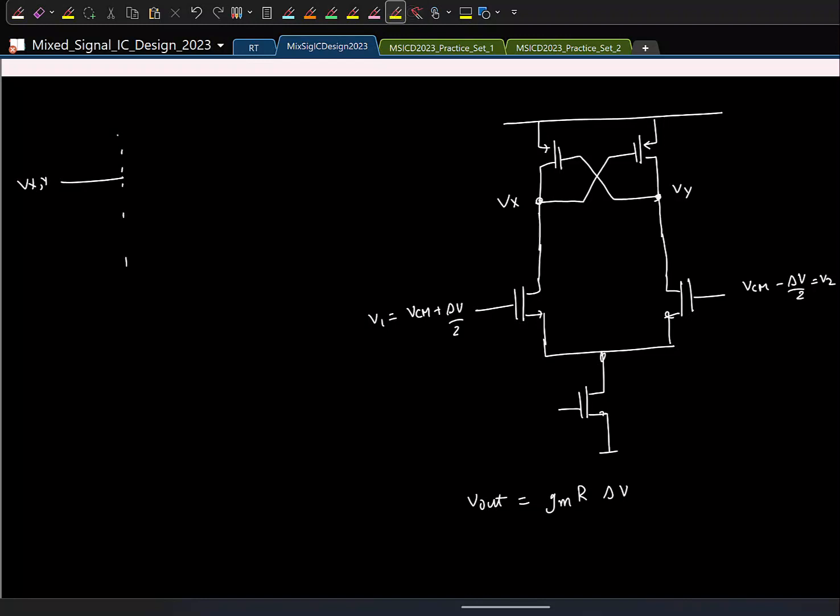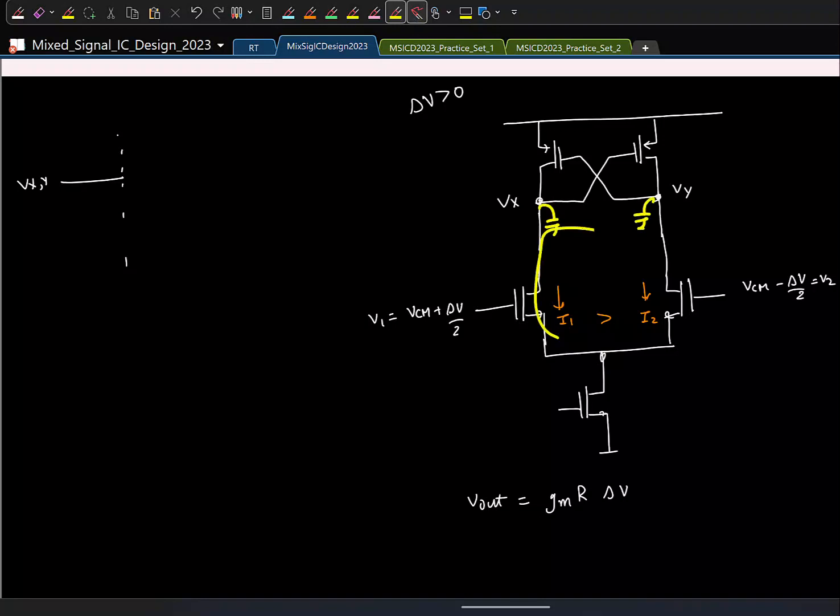And I'll assume that delta V is greater than 0. So we'll have currents in these two transistors. Let us say this is I1 and this is I2. What will be greater? I1 will be greater or I2 will be greater? I1 will be greater. Remember that we had parasitic capacitors at these nodes.